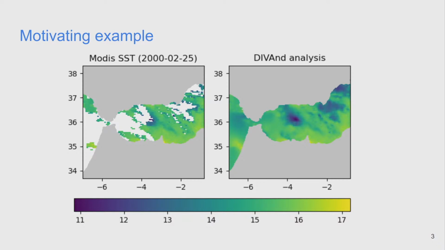And you have classical techniques like DIVAnd that can allow you to give an estimate over the full area. But typically, where you don't have data, the analysis would be rather smooth, and also you lose some small scale information. And more importantly, it is really hard from this classical technique to get a realistic error estimate out.